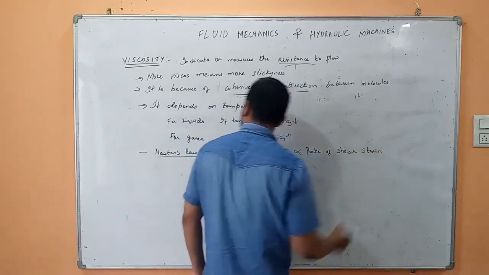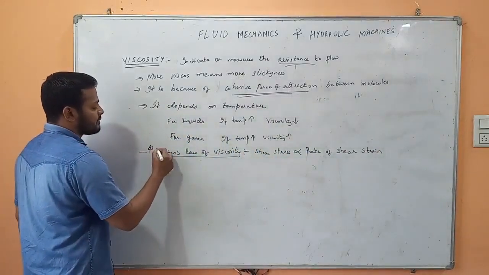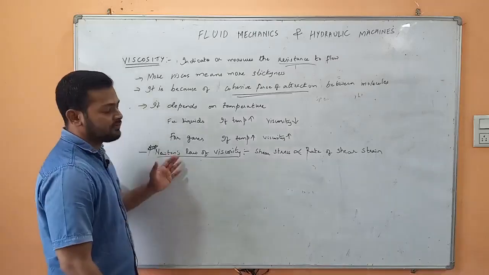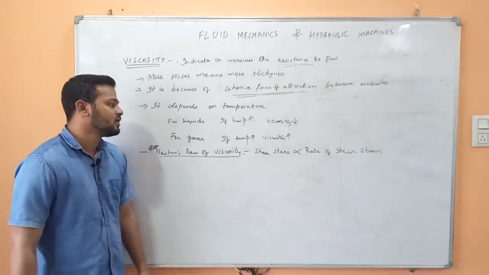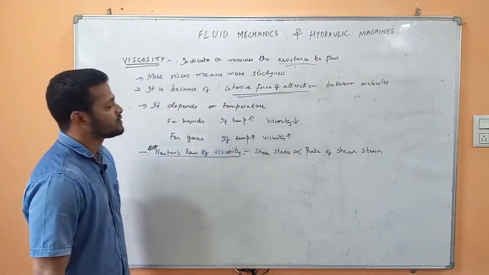Very important. This has been asked a number of times for short answers in the exam. What is Newton's law of viscosity? The shear stress in a fluid element layer is directly proportional to the rate of shear strain.